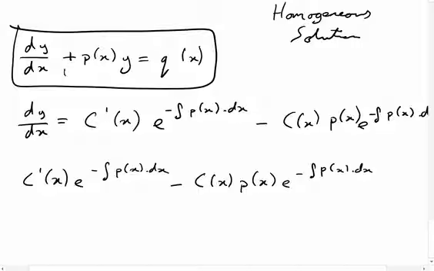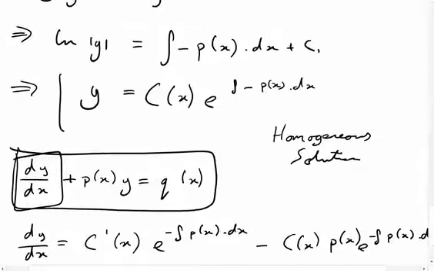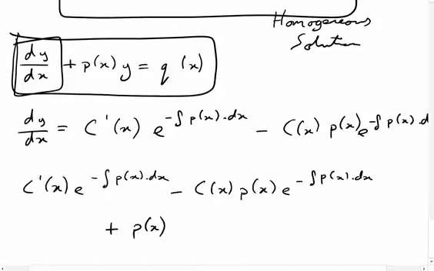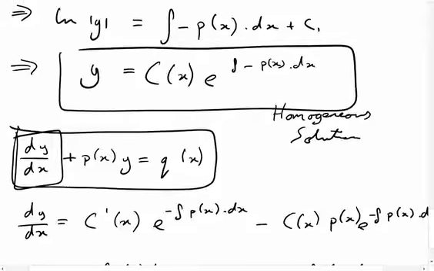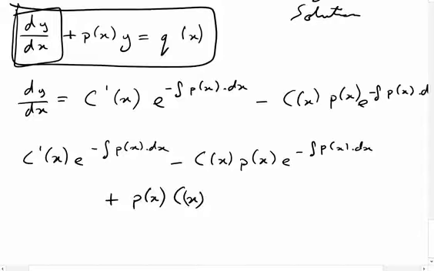So that's basically just the dy by dx bit. So I need to plus, I'll write it underneath, plus p of x times y, which remember y was this thing here, so y is c of x e to the minus integral p of x dx, and that is all equal to q of x.